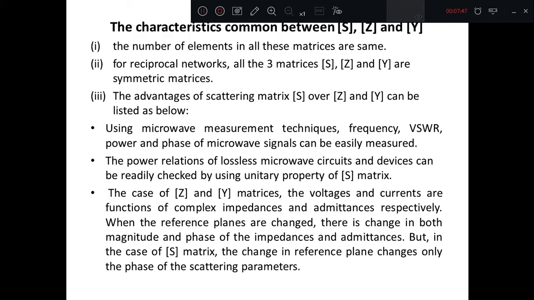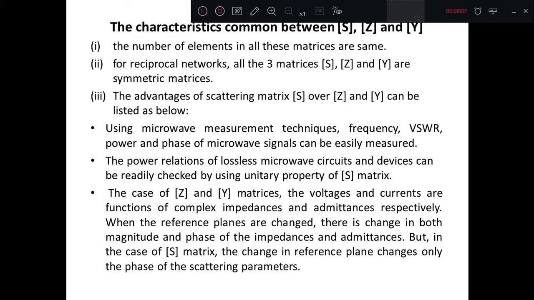And the third and last point which makes the S matrix advantageous over Z and Y: in case of Z and Y matrices, the voltage and current are functions of the complex impedance and admittance respectively. But when the reference plane is changed, there is a change in both magnitude and phase of the impedance as well as admittance.